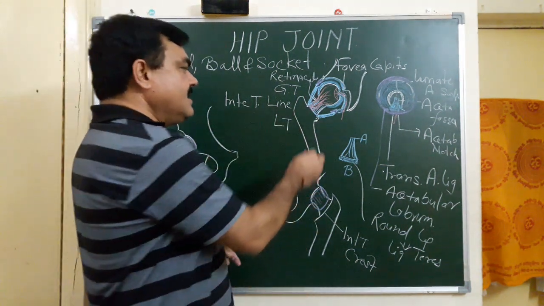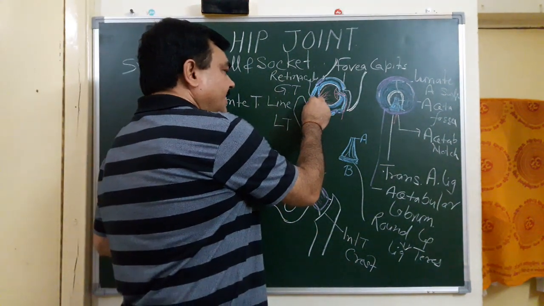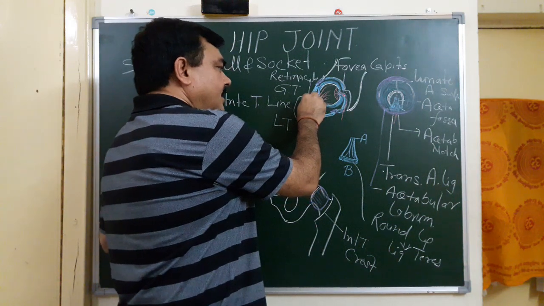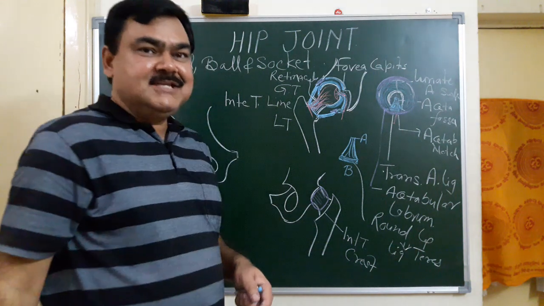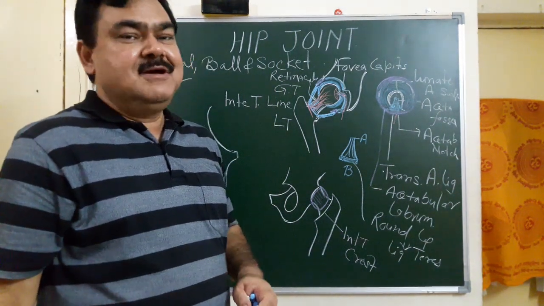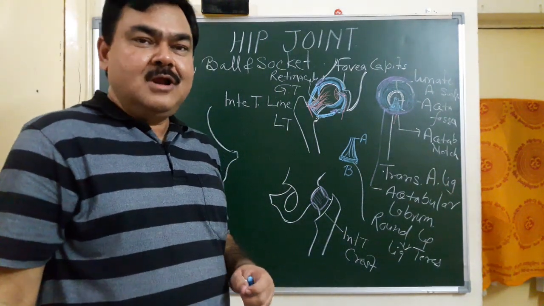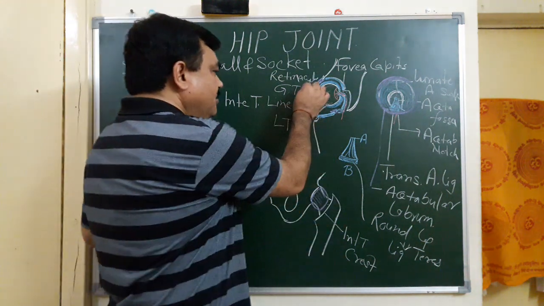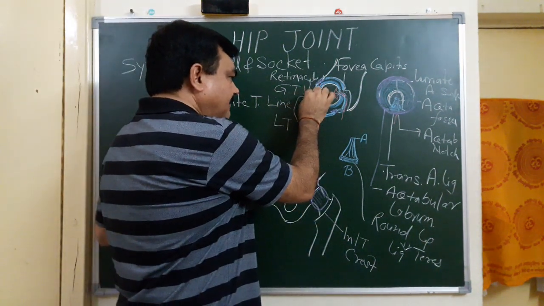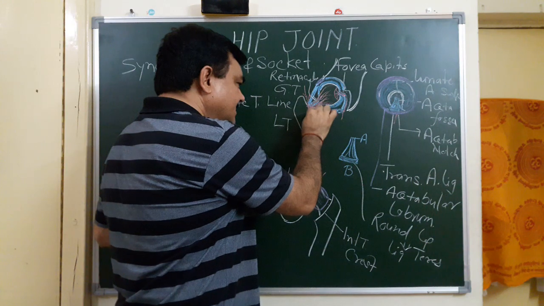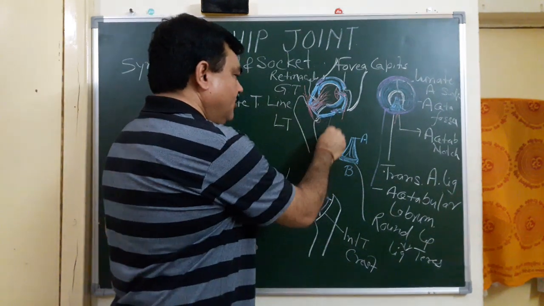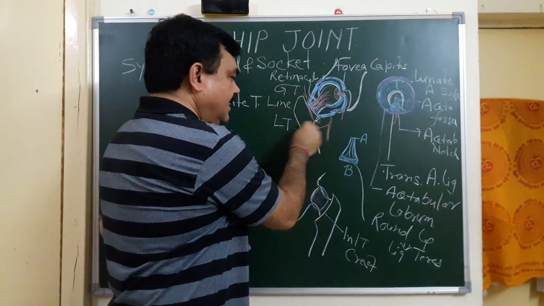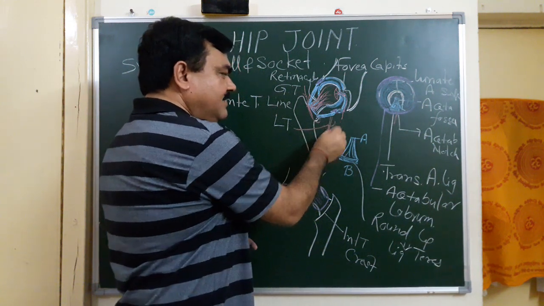These retinacular branches arise from the ascending branch of the medial circumflex femoral and the ascending branch of the lateral circumflex femoral, with the superior gluteal and inferior gluteal, which join to form a circle around this. Here is the femoral artery, this is the lateral, and this is the medial circumflex femoral.